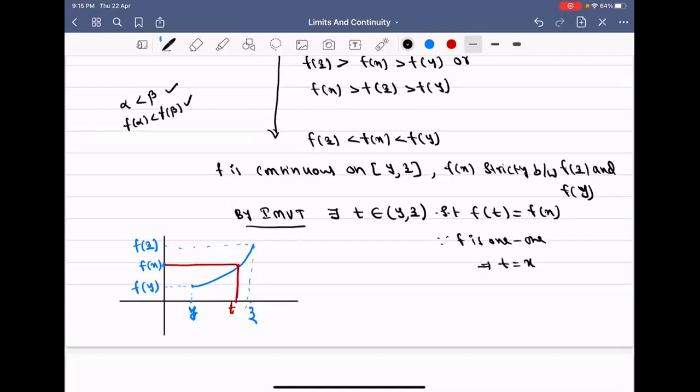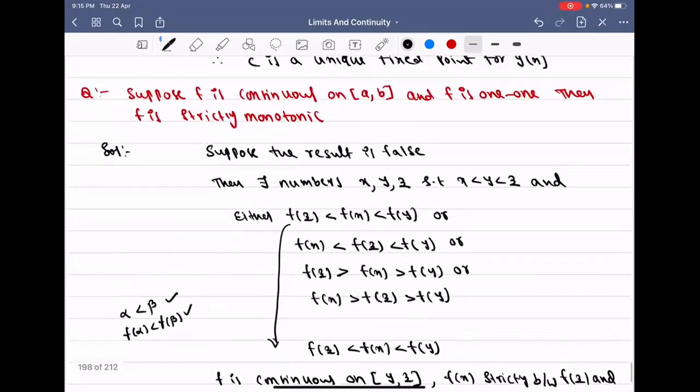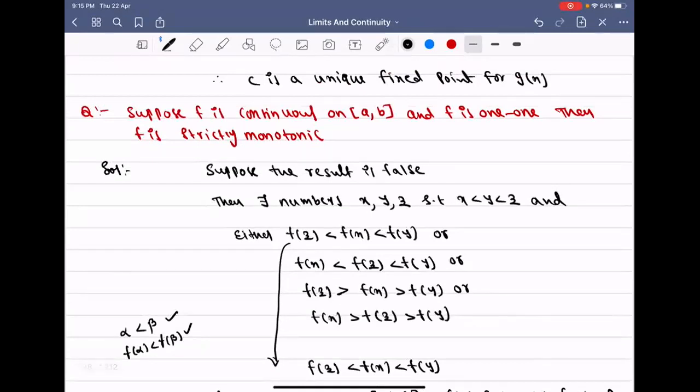Understood? T is equal to x, but t belongs to (y, z). Therefore x must belong to (y, z). But x is not an element of (y, z), since we considered it to be outside; that is our assumption.